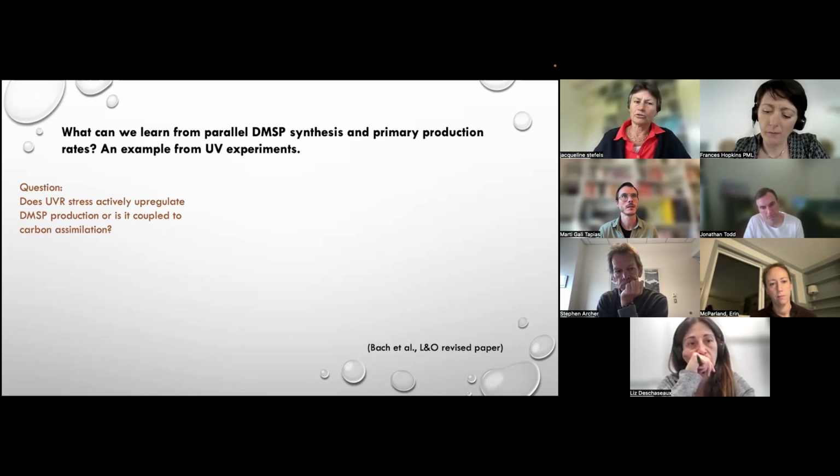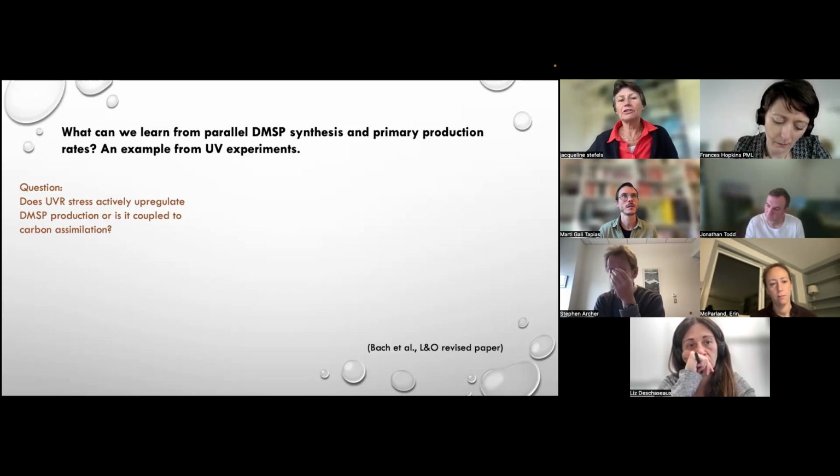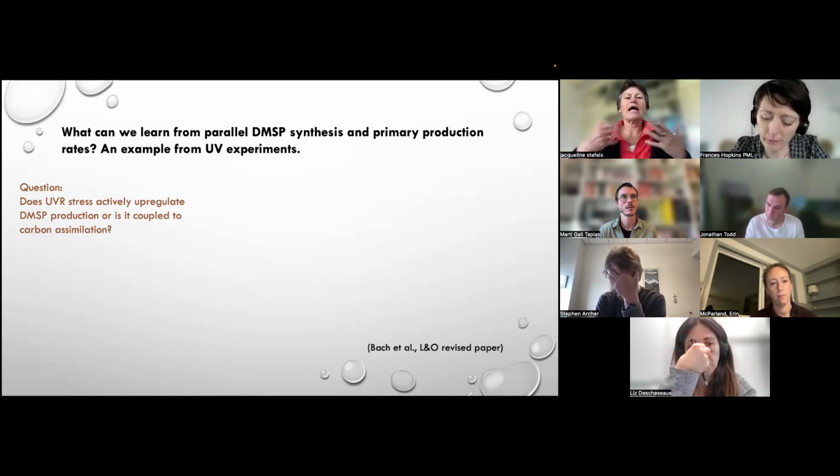Since it was shown that DMSP is capable of scavenging oxygen radicals, the question is: is it actively upregulated by the cell to do that, or is it just coincidence that it can do it?